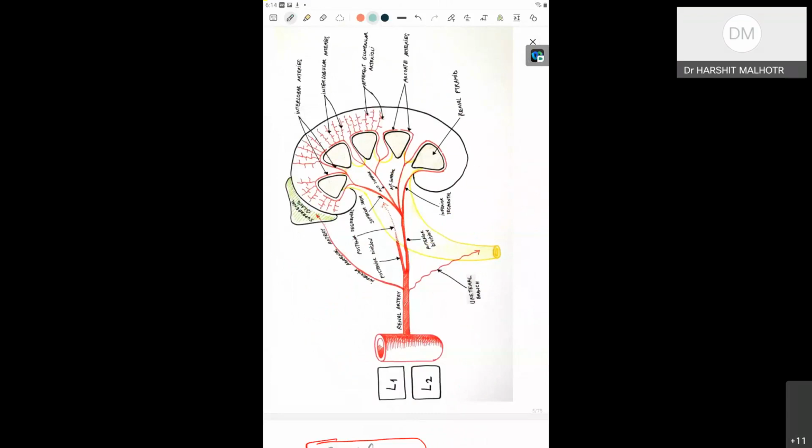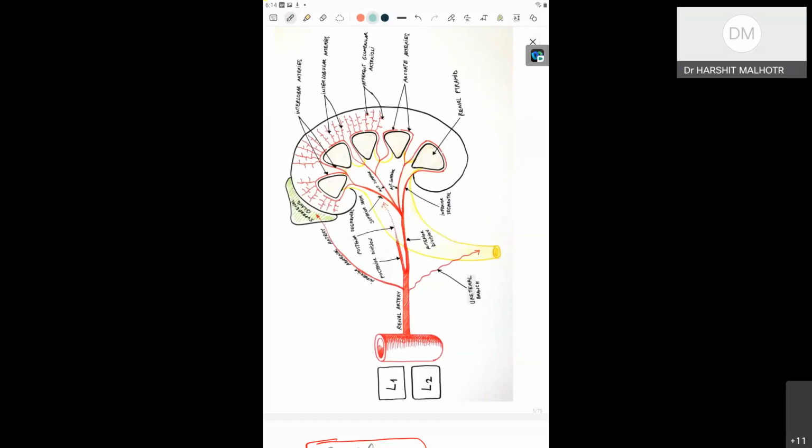The anterior division goes across in front of the renal pelvis and then divides into four segmental branches: superior segmental, anterior superior, anterior inferior, and inferior segmental. The posterior division runs behind the pelvis in the posterior aspect of the kidney, and it continues only as posterior segmental arteries.